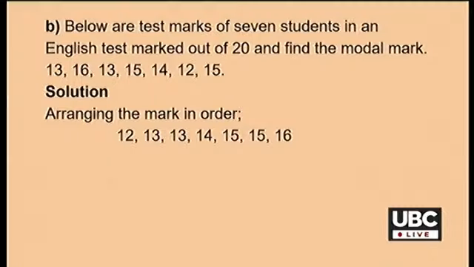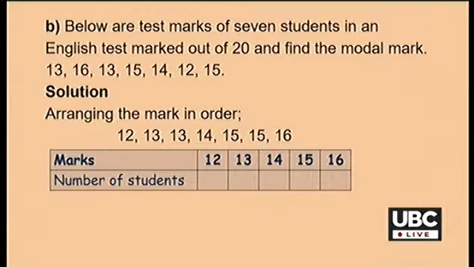So increasing means that we start with the lowest mark. Our lowest mark is 12, followed by 13. We are listing 13 twice because in our data we have 2 students that scored 13, followed by 14. We are listing 15 twice because in our data 15 appears twice. Then the next mark is 16.